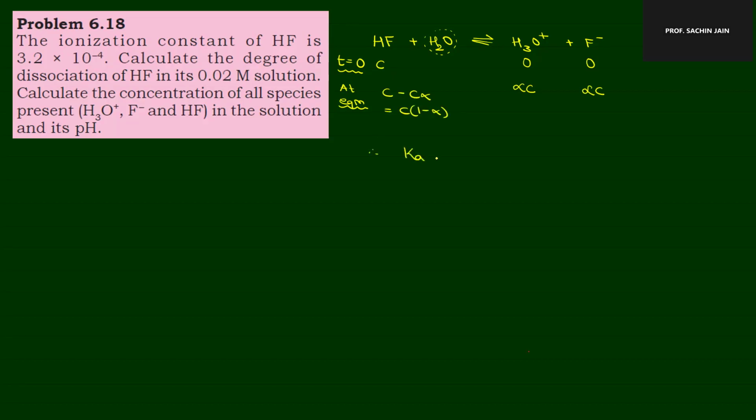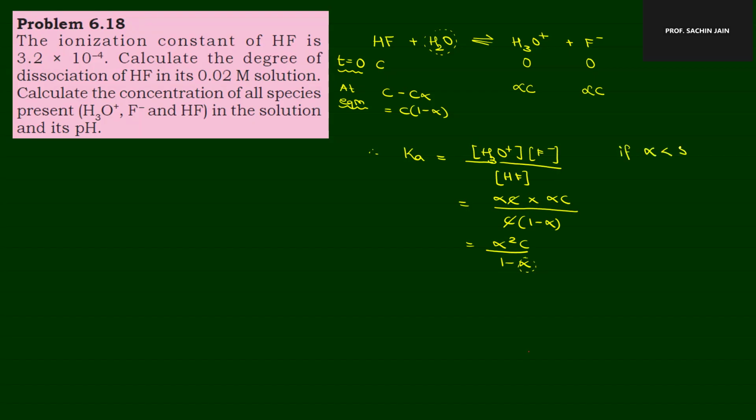Now, the ionization constant of an acid is given by concentration of ions upon the concentration of the undissociated acid, which will be equal to alpha C into alpha C upon C into 1 minus alpha. C gets cancelled. What we have is alpha square C upon 1 minus alpha. Here alpha, generally for weak acids, is very, very small. So there is a rule that if alpha is less than 5%, then you consider alpha to be small, 1 minus alpha approximately 1.